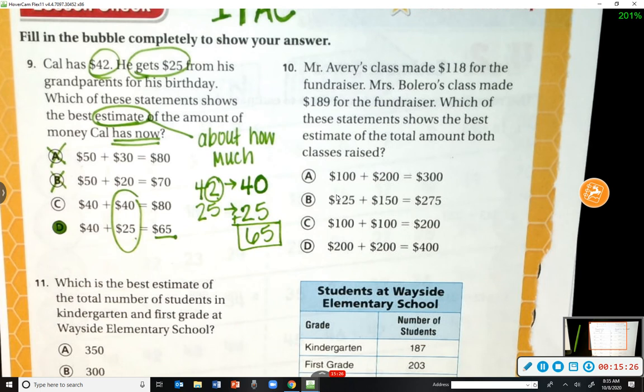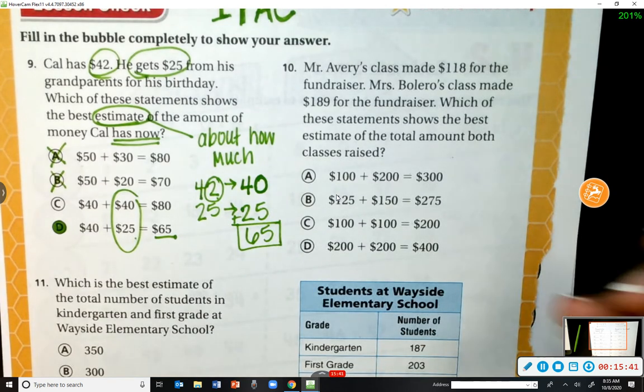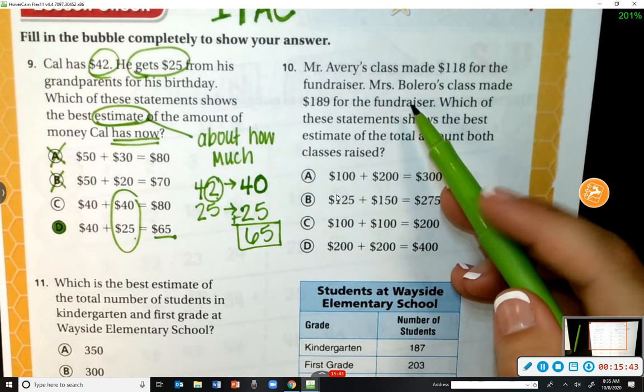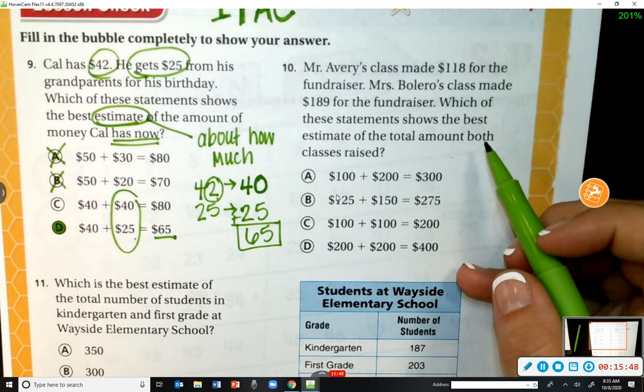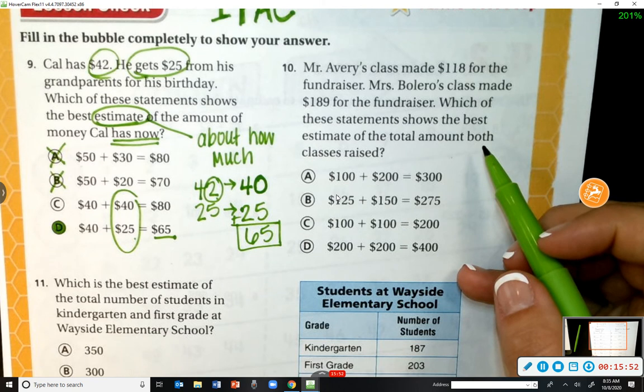Mr. Avery's fundraiser, Bolero's class, fundraiser.